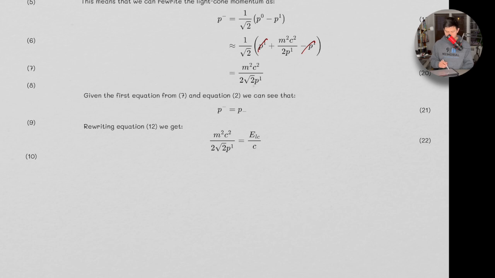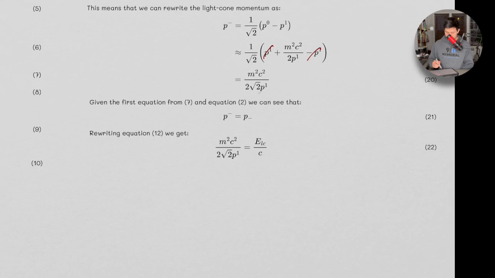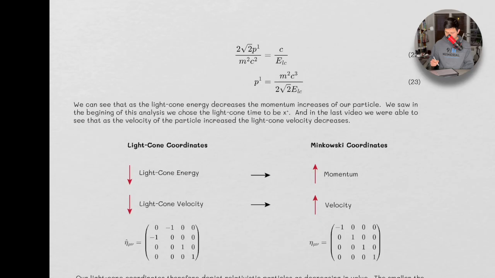So rewriting equation 12 then, we get this. All right. That our light cone energy is related to our momentum in this way. So if we do a little bit more math, we could take the reciprocal of both sides and then isolate P1 and we get this. So this is interesting, and this is what we're looking for, because we can see that as the light cone energy decreases, the momentum increases of our particle, okay?